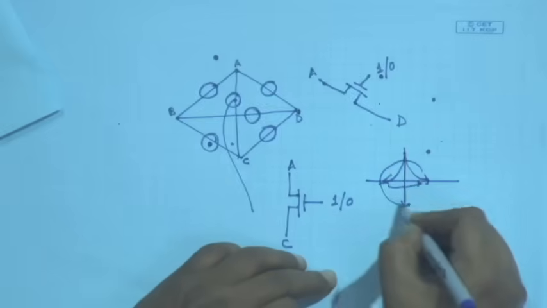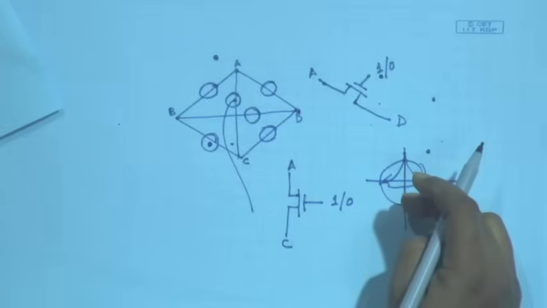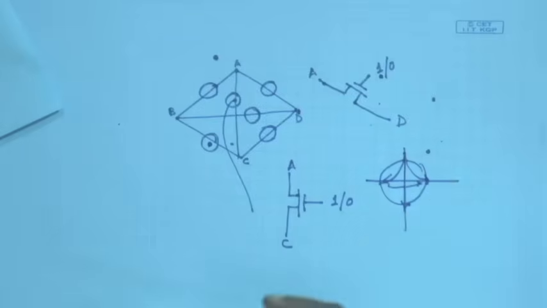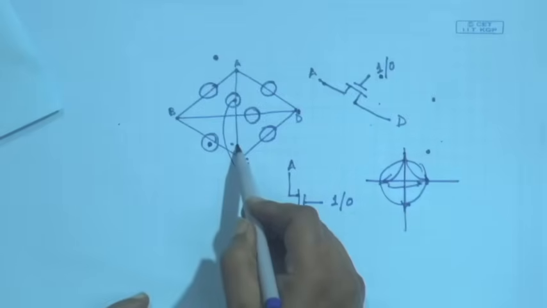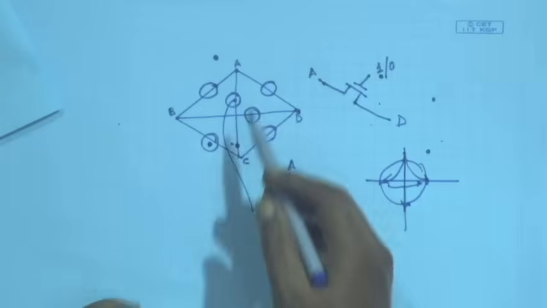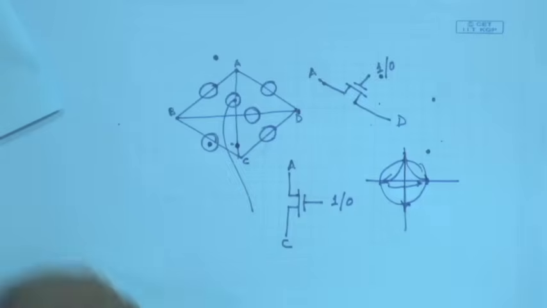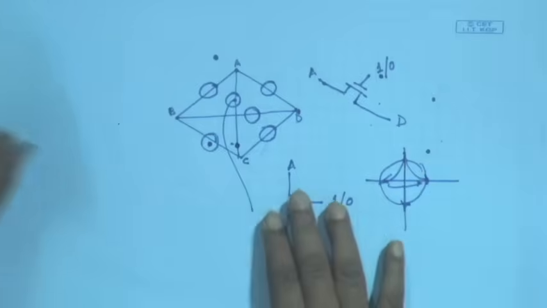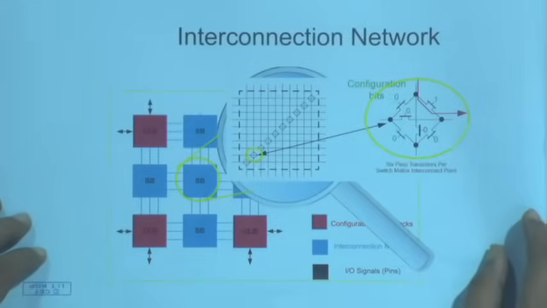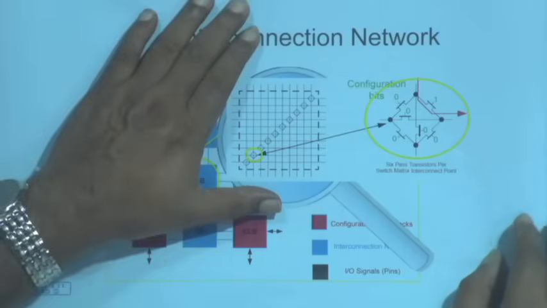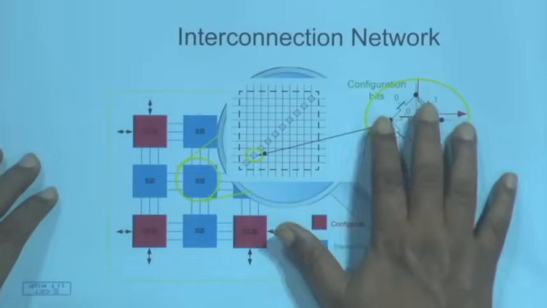So, for each junction, I am needing 6 such switches, because of this sort of possible interconnections. So, I am requiring 6 bits here, you can vary the type of interconnections. Okay. So, tomorrow we will take up another example that we will be programming with FPGA and proceed with further details.